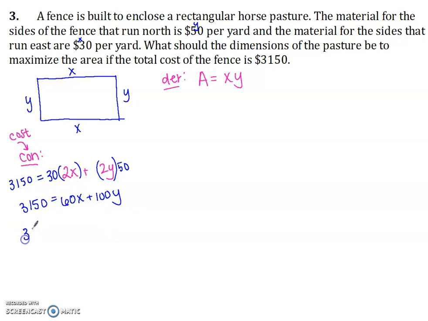So I'm going to subtract the 100y, and then divide everything by 60. So 3150 divided by 60 is 52.5, minus 100 divided by 60, that's 1.6 repeating. Since that's not a pretty decimal, I'm going to leave it as a fraction.